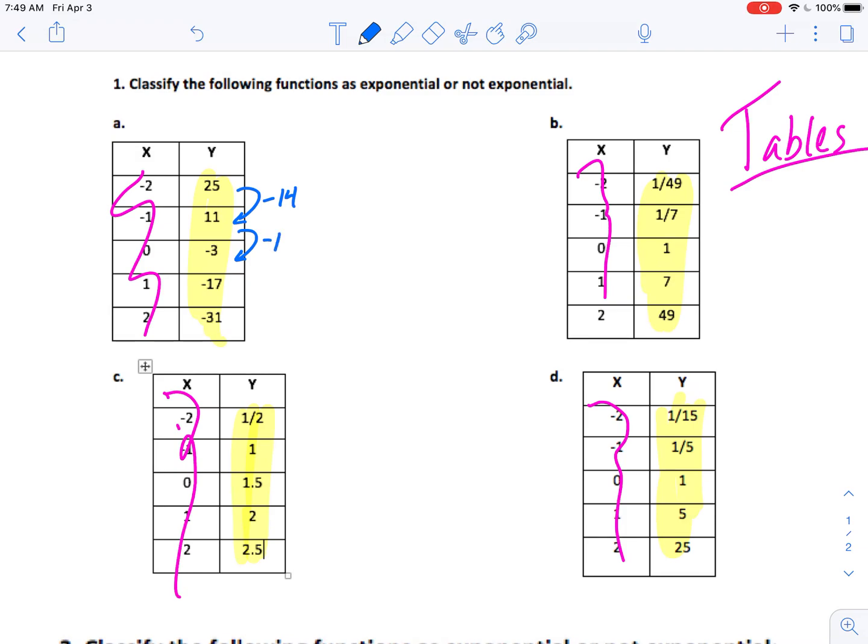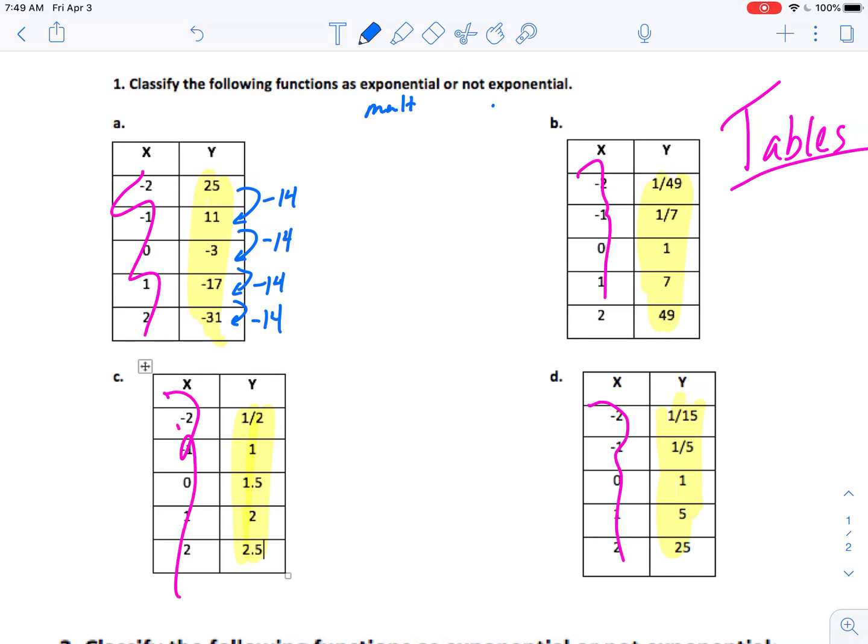Well, 25 to 11, I could subtract 14, and I'm just going to check and see if that pattern would keep working for me. So 11 minus 14, that does end up getting me -3. Okay, so that's still working. We'll test it a couple more times. So 3 minus 14 is, negative 3 minus 14 is negative 17.